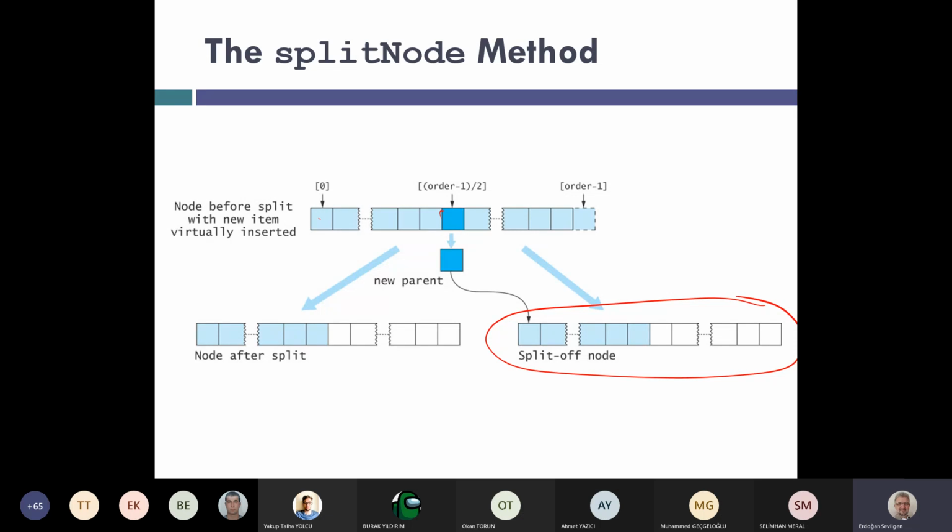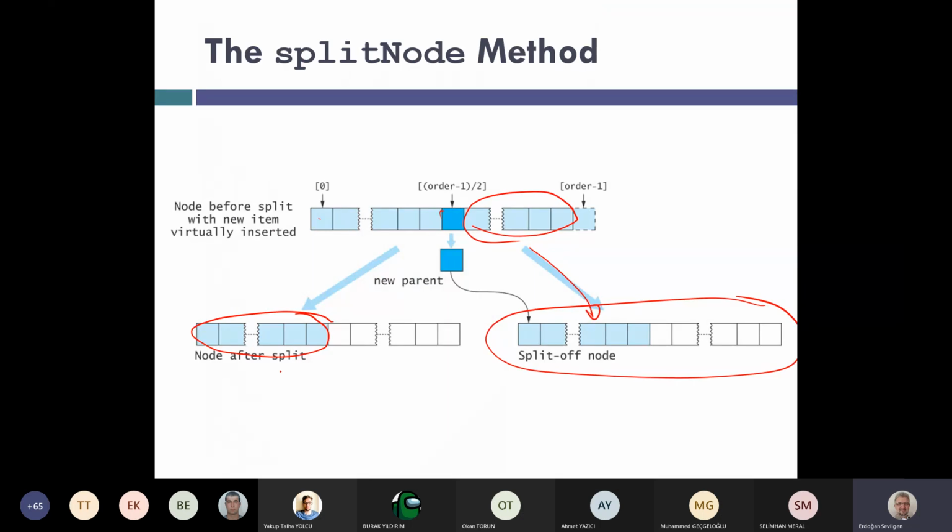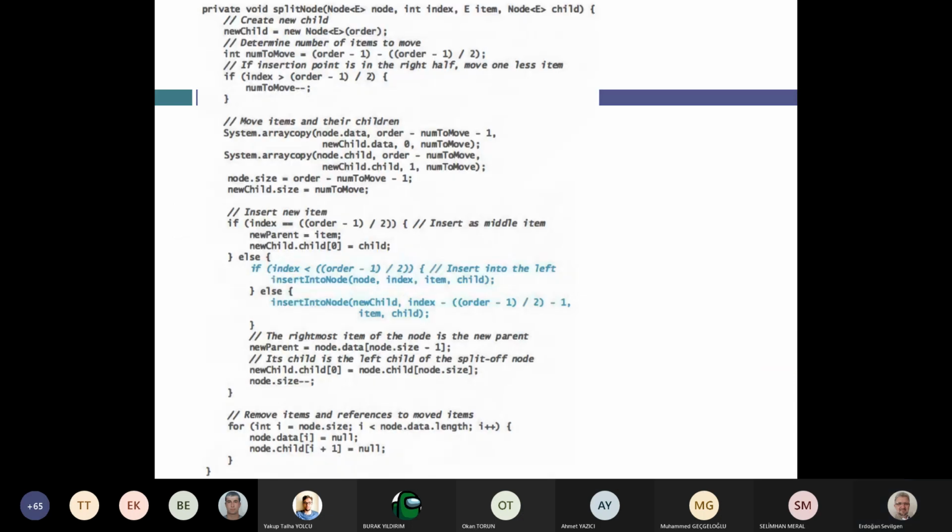Half of the values will be kept here, and the rest in this place will be moved into this new child. So we calculate that one. And if the insertion position is in here, we move one place to the left, so the number of moves is decremented.